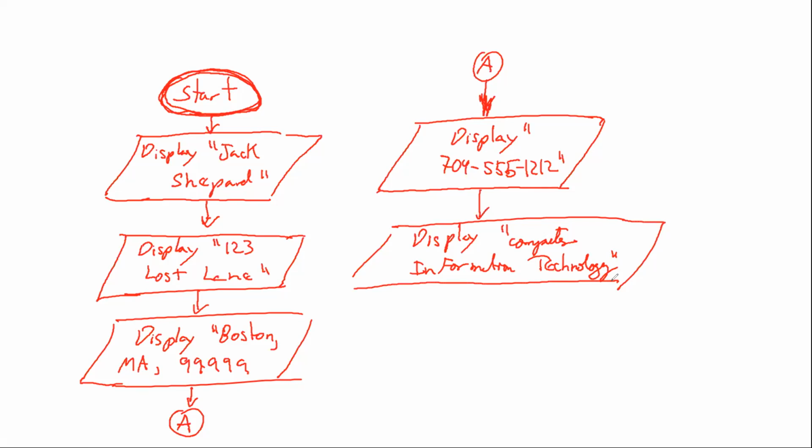You can see it's very simple, pretty straightforward. That's all the problem wanted, so the last thing is to make sure that we end the flowchart. So this is the flowchart.